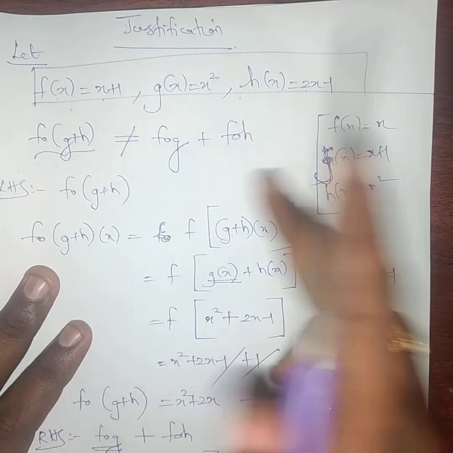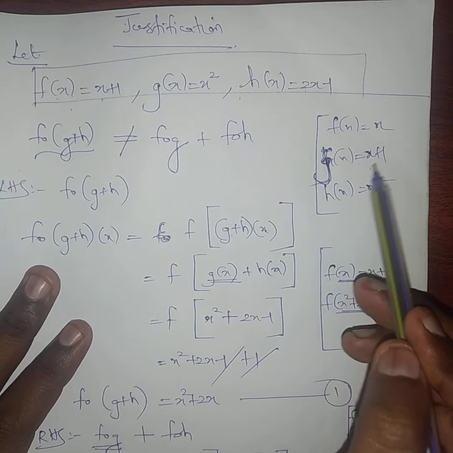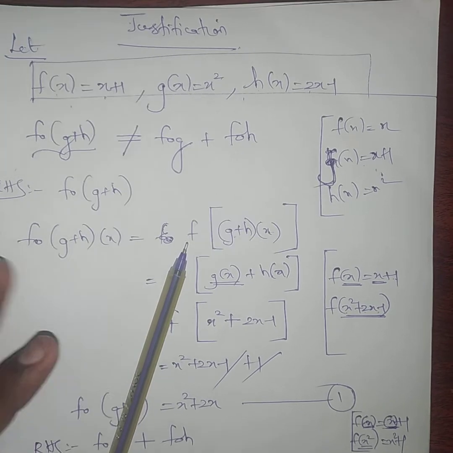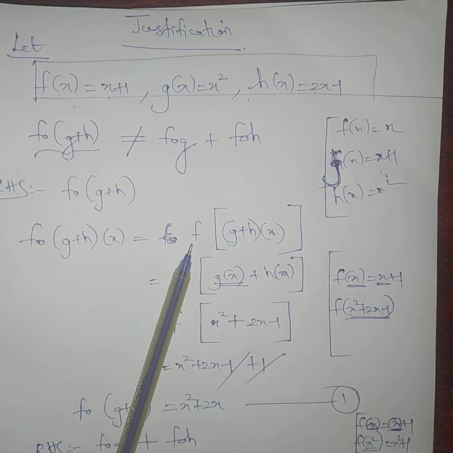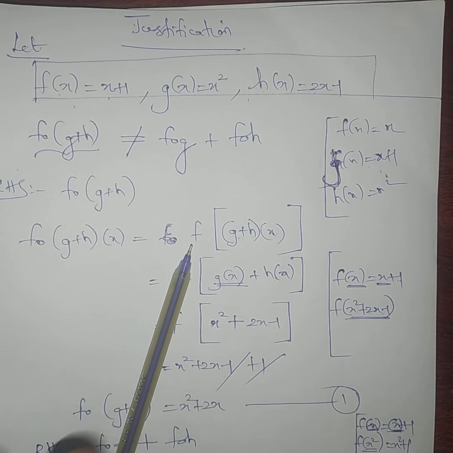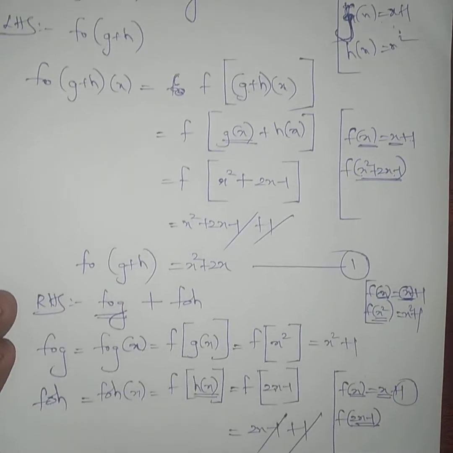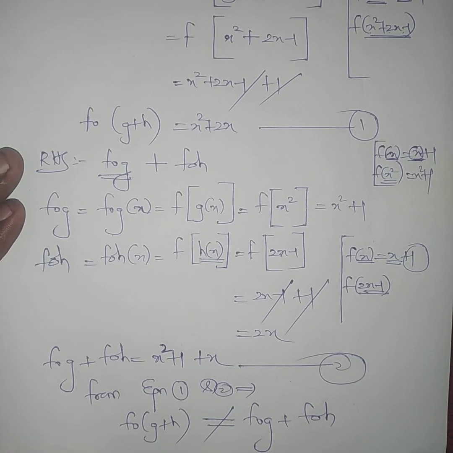Sir, sometimes this is equal, sir. I don't need to worry about the equal cases. One thing is unequal, one thing is false, so all of it is going to be false only. Even though it is true for one or two statements, I don't need to worry. If one thing is false, totally all the combinations we need to make false. So this is our justification and I proved it also. Thank you.